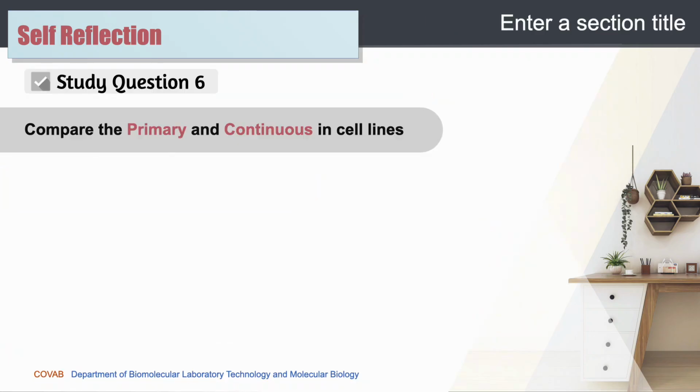We're still continuing with the self-reflection on the continuous cell lines, and this time we're going to compare them to the primary cell lines. So question 6 is: compare the primary and continuous cell lines. Let's have a hint.